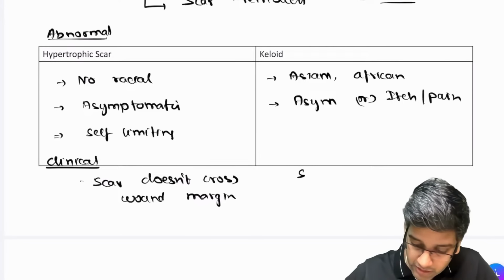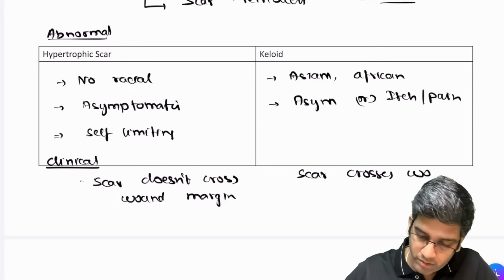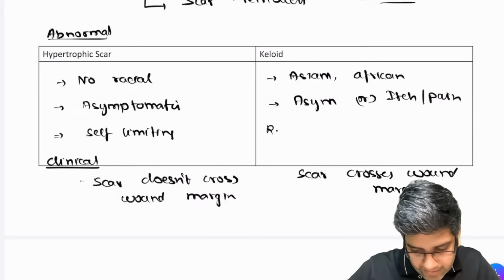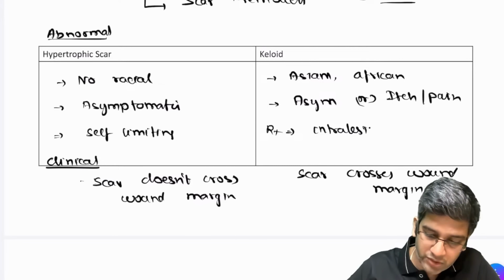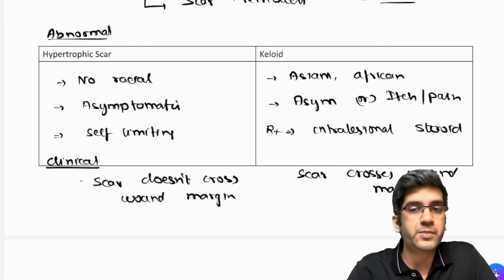If the scar crosses the wound margin, that is keloid. This is very, very important, and keloid needs treatment, which is intralesional steroids. I have to inject steroids in the lesion. That's the treatment for keloid, right?